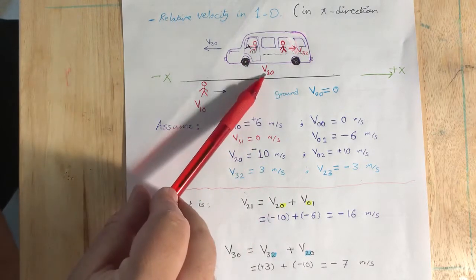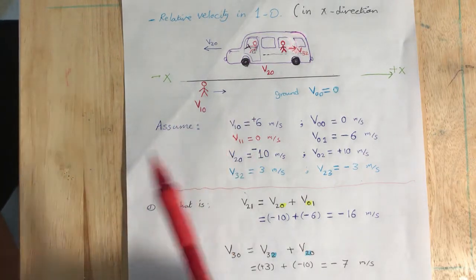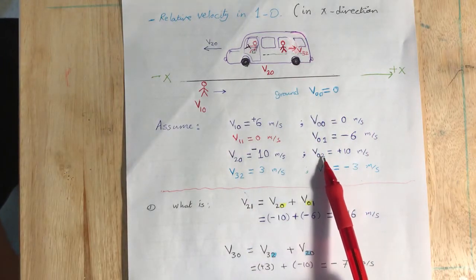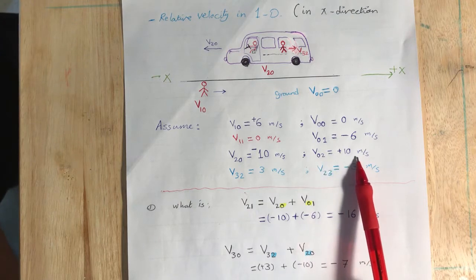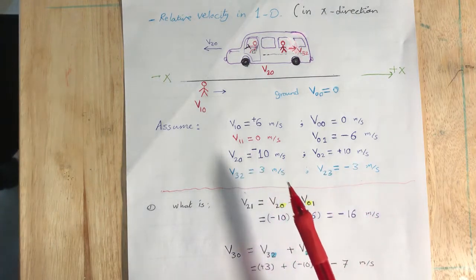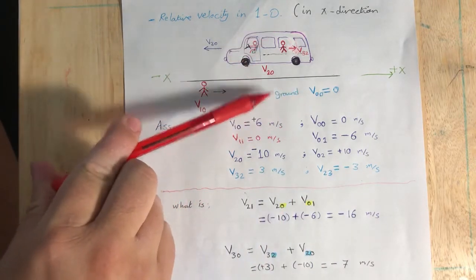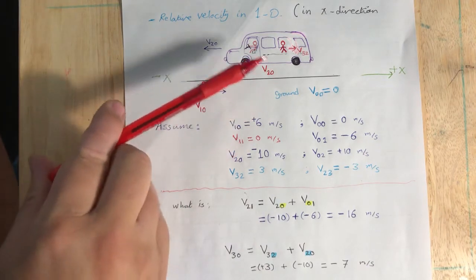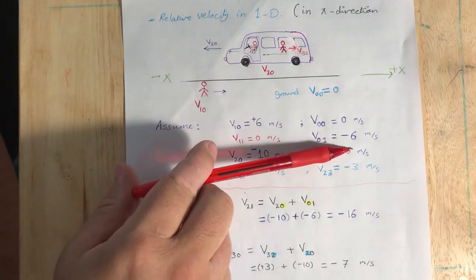So v2 with respect to ground, v20, is equal to negative 10. What is the velocity of the ground with respect to the bus? It is v02. The velocity of the ground with respect to the bus will be positive 10, not negative. So the ground sees the bus moving with velocity negative 10, and the bus sees the ground moving with positive 10 meters per second.